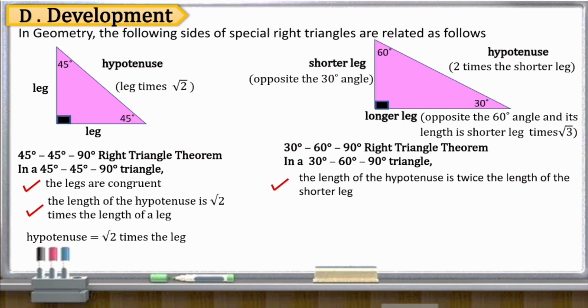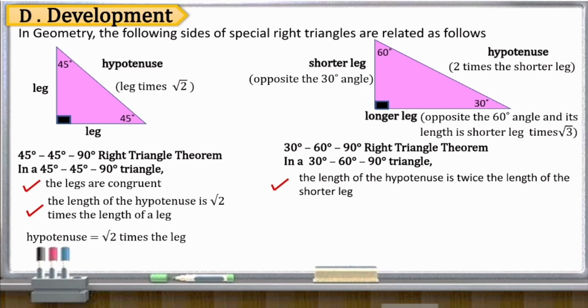So, kung ang shorter leg natin ay 5, yung hypotenuse natin ay 10. Halimbawa naman, yung hypotenuse ang given. So, let's say ang hypotenuse natin ay 17. So, yung shorter leg natin doon class ay magiging 8.5. So, i-divide lang natin yun naman sa 2 para makuha natin yung shorter leg.